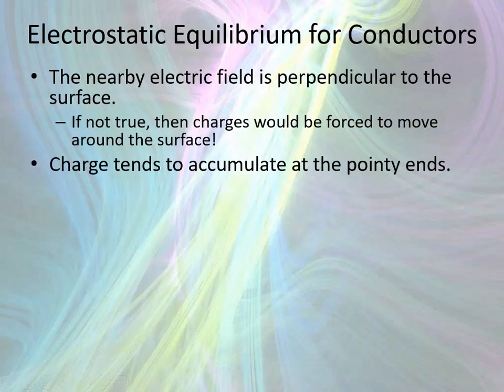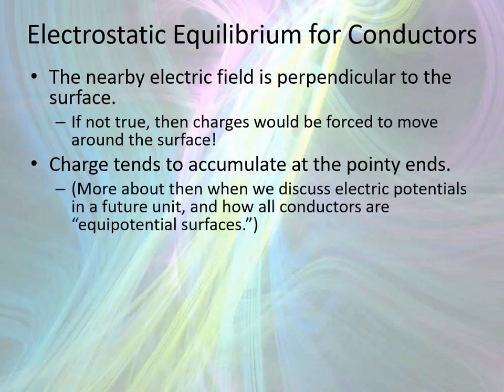And let's say you have some kind of funny shaped conductor like a triangle. The charges tend to accumulate preferentially at the pointy ends. The exact reason for this has to do with the fact that the electric potential, which we're going to discuss in a future unit, is the same everywhere on the surface of a conductor.